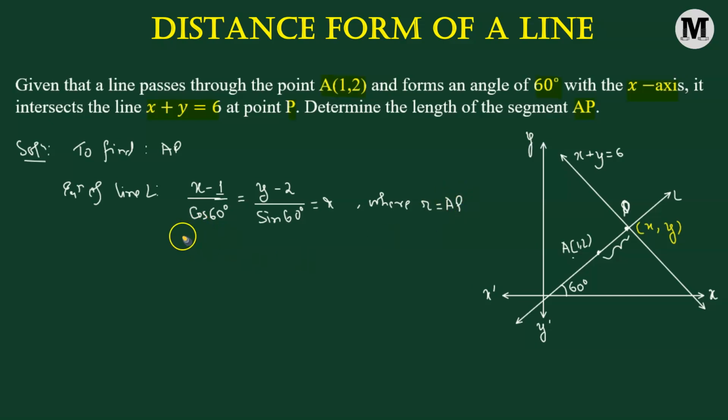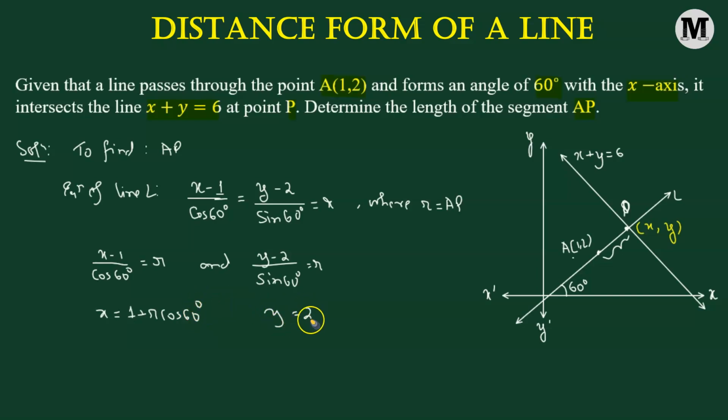Fine. Now what we have here is (x - 1) divided by cosine 60 degrees equals r, and (y - 2) divided by sine 60 degrees equals r as well. So here we can isolate x, which gives us x = 1 + r cosine 60 degrees, and y = 2 + r sine 60 degrees.